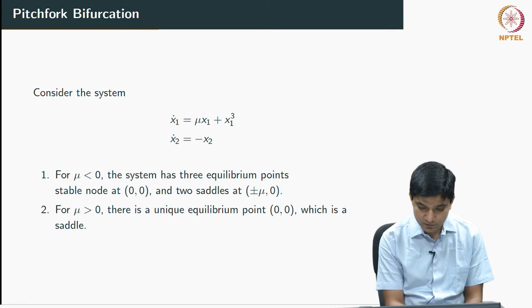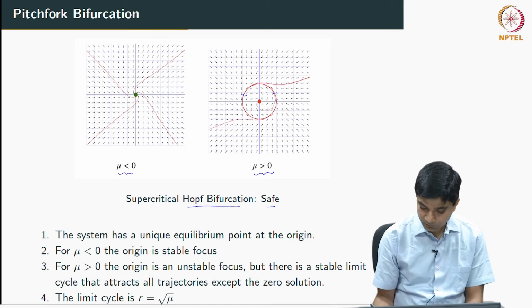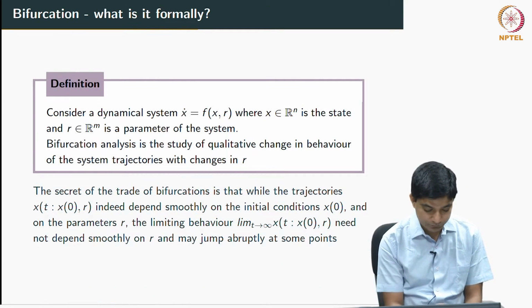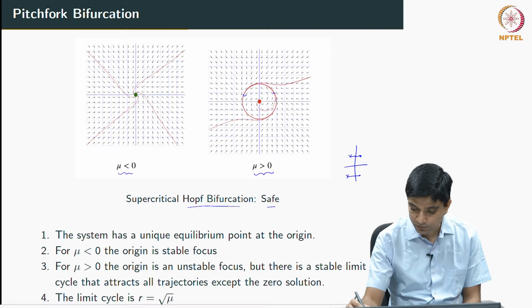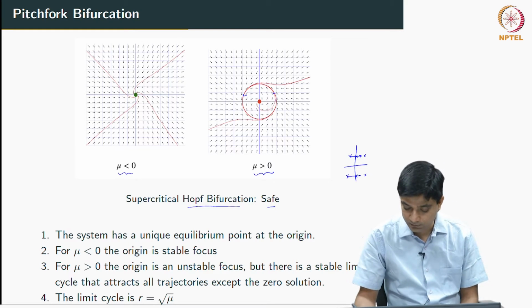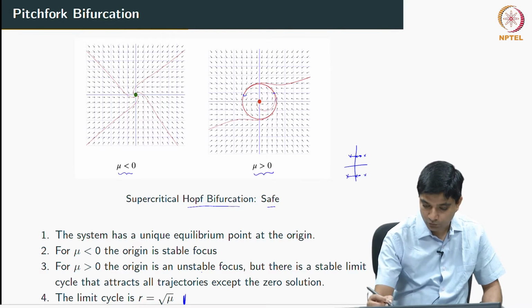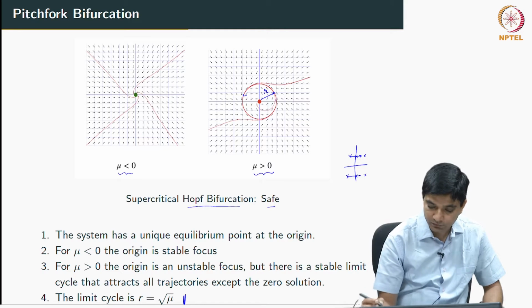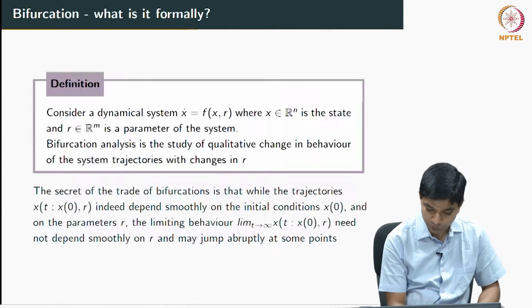So the only thing that changes when you look at Hopf bifurcation is that a pair of eigenvalues which were originally here will pass through the imaginary axis this way. So you will have roots on the imaginary axis, and possibly they could go to the unstable region. And then we also derived what decides the radius of this limit cycle, or the properties of the limit cycle, based on this parameter value mu.